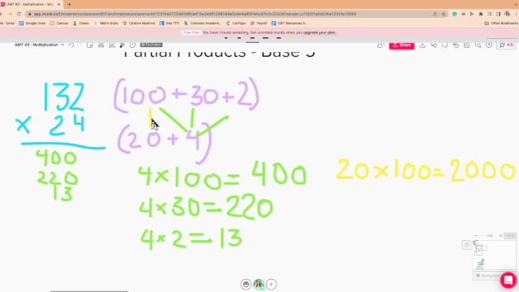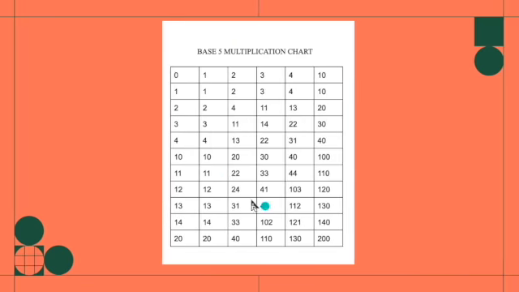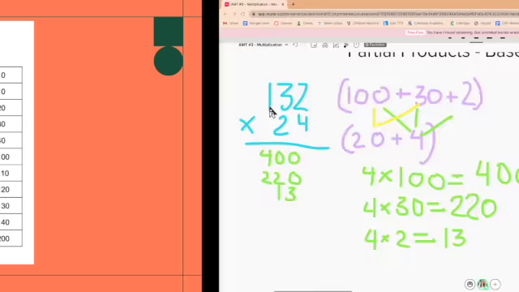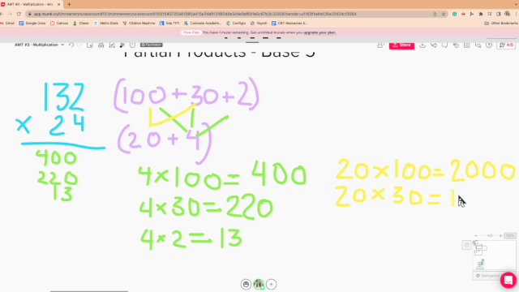Then I'm going to do 20 times 30. And if we refer back to our handy dandy chart, 2 times 3 is 1. So we have 1, but then we're not doing 2 times 3, we're doing 20 times 30.